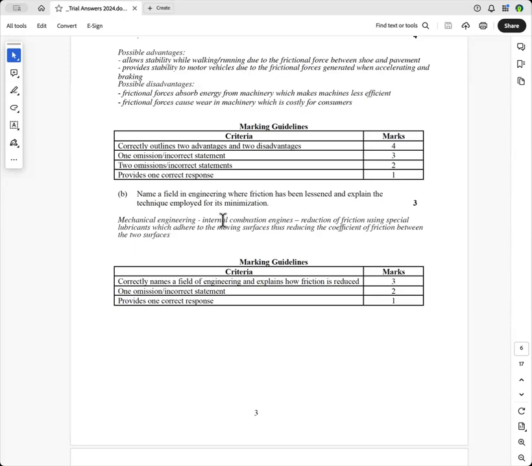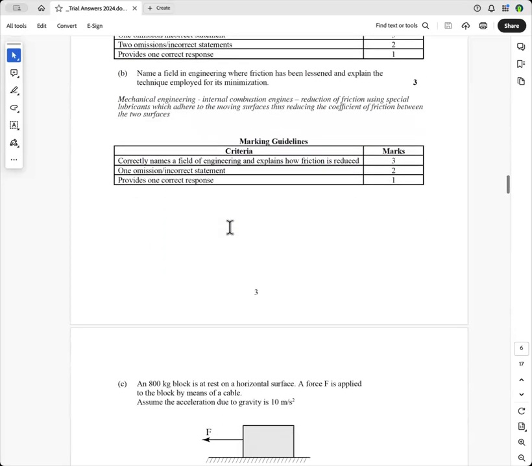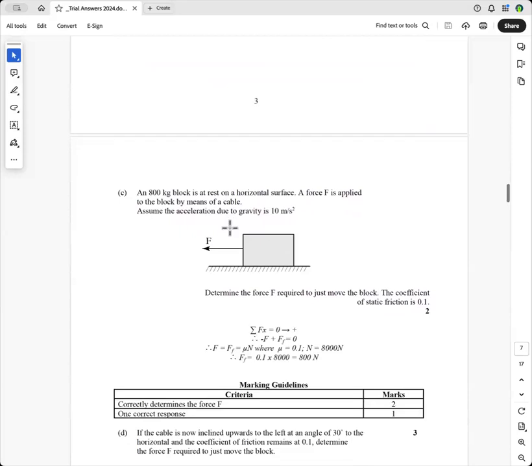They've got a special molecule that will adhere to moving surfaces and reduces the amount of friction, and therefore increases the efficiency of the machine. This was an easy question.